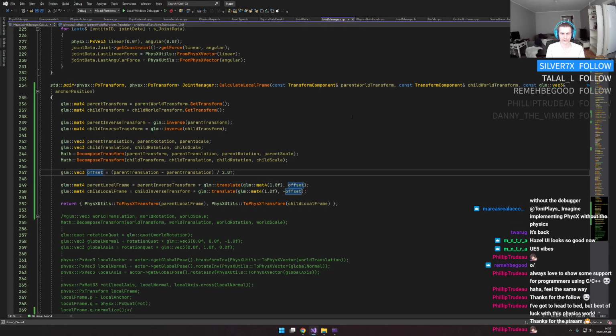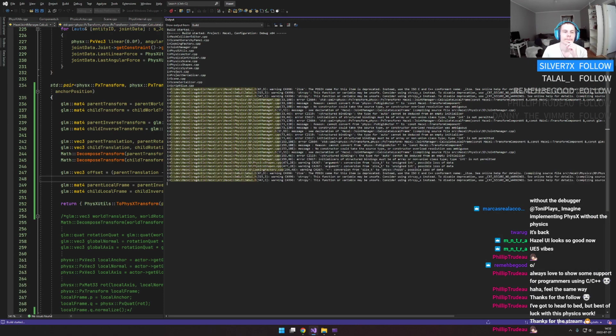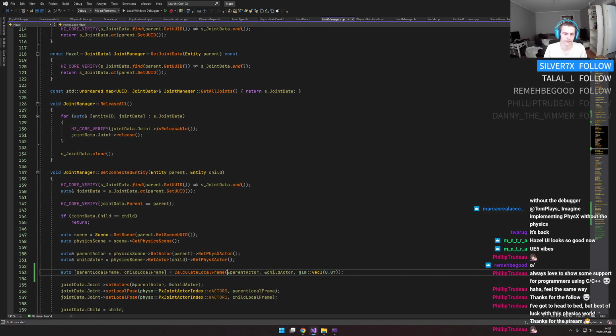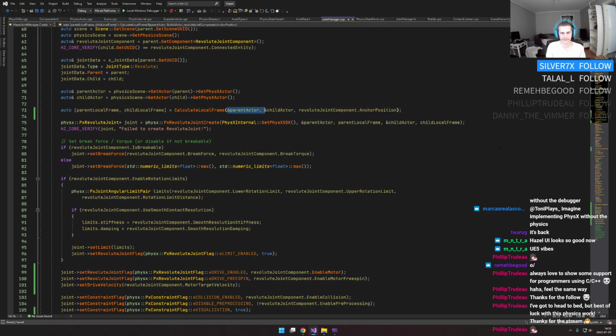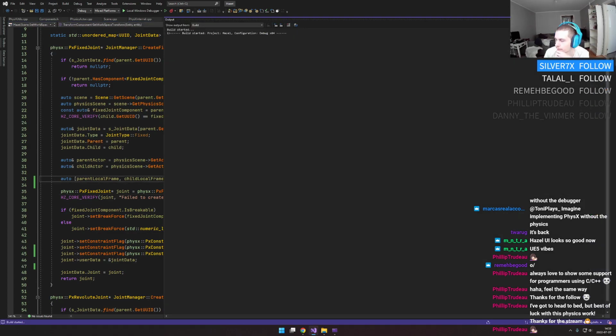This may need to be its own matrix, but for now we'll just try this. And I need to update all of the code. Get world space transform for parent. There we go.